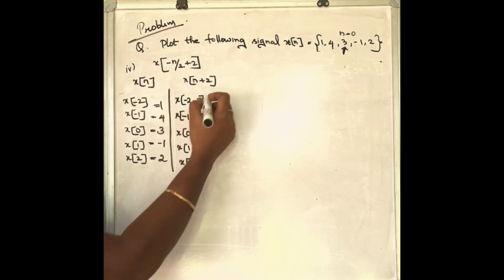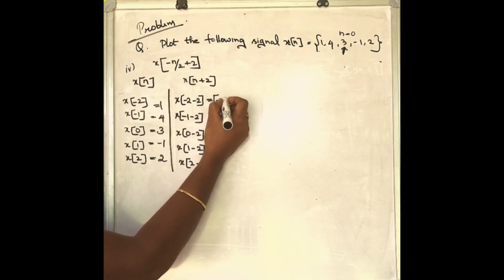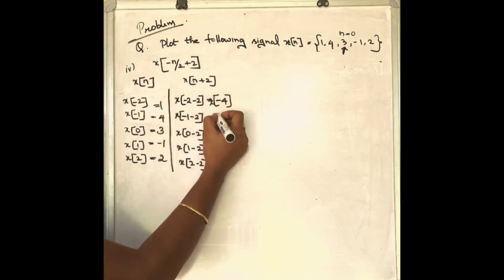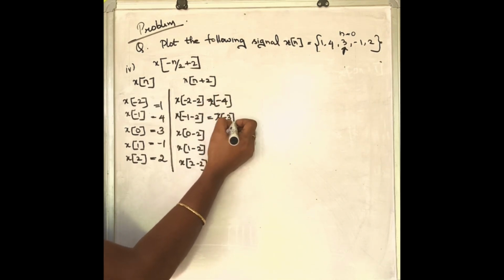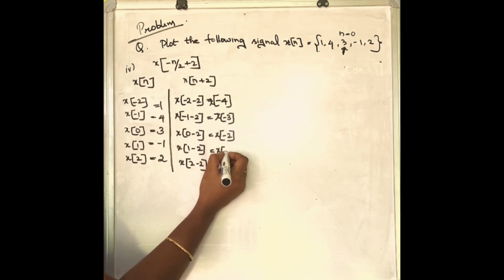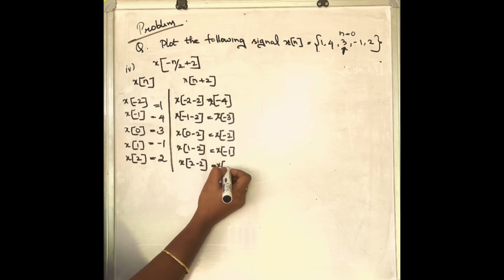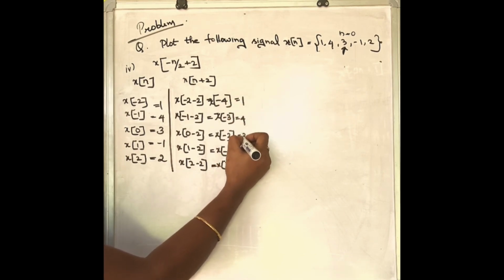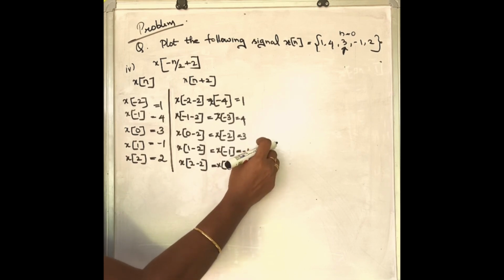Now the new values will be minus 4, minus 3, minus 2, minus 1 and finally 0. This is the amplitude value which does not change.